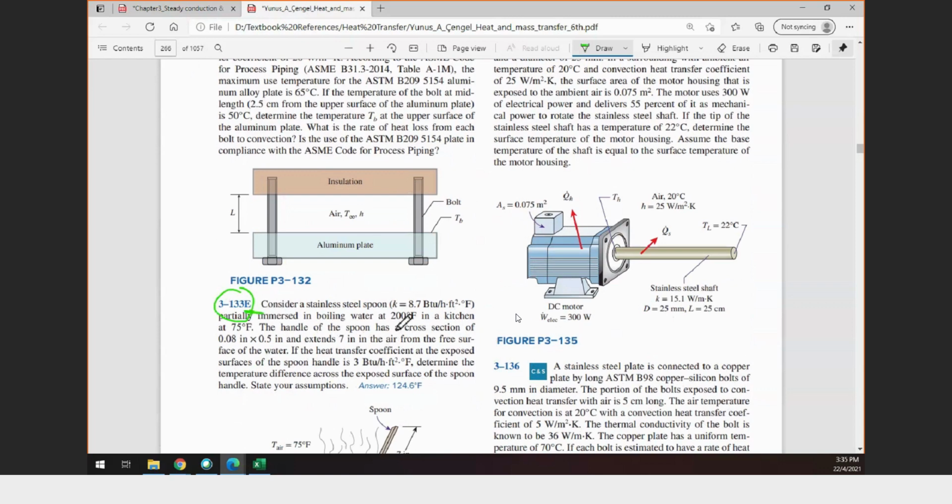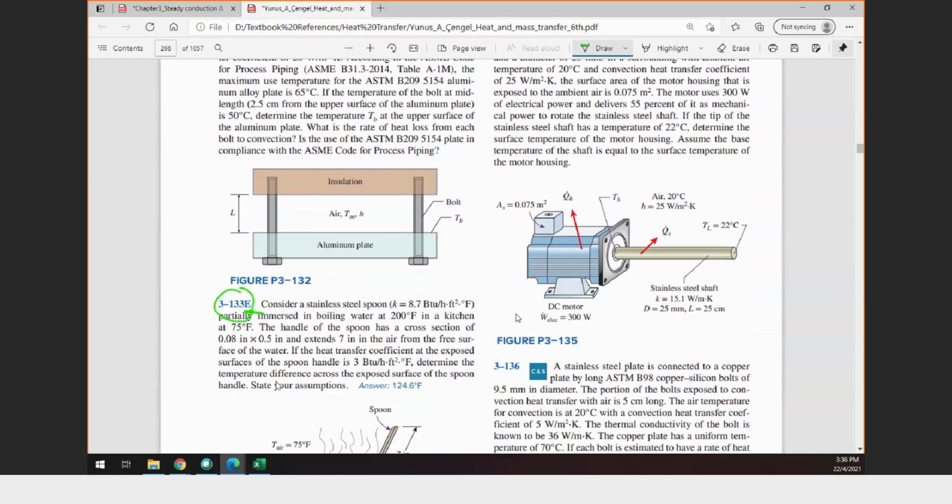English is imperial. You have BTU, pound weight, pound force. H is hours, feet instead of meters, Fahrenheit instead of Celsius, and inches instead of millimeters or meters.